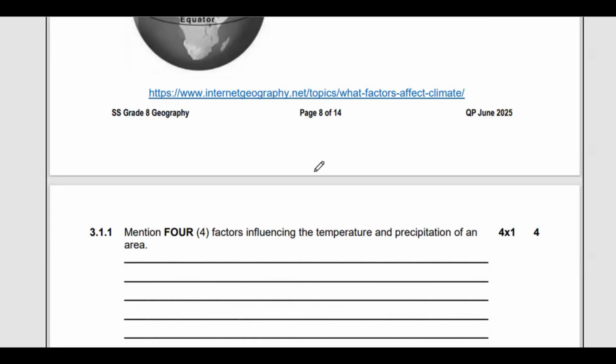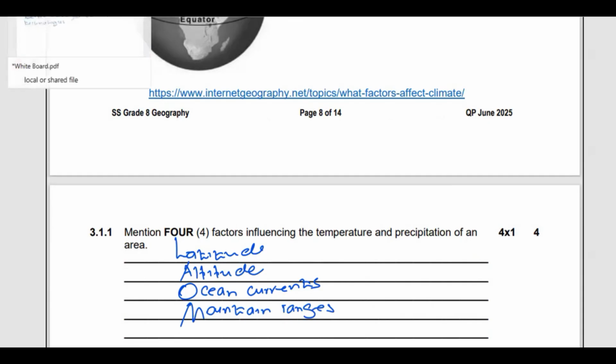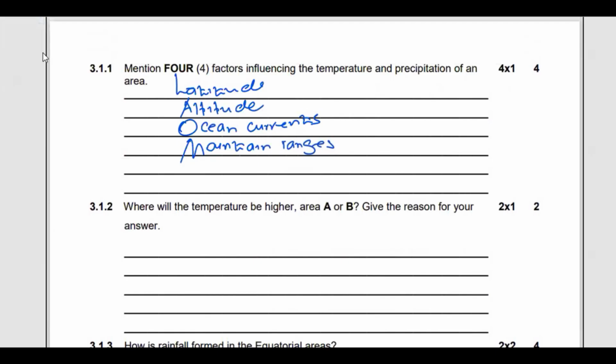You can talk about latitude, altitude, ocean currents, mountain ranges, and prevailing winds. So you can give any form.